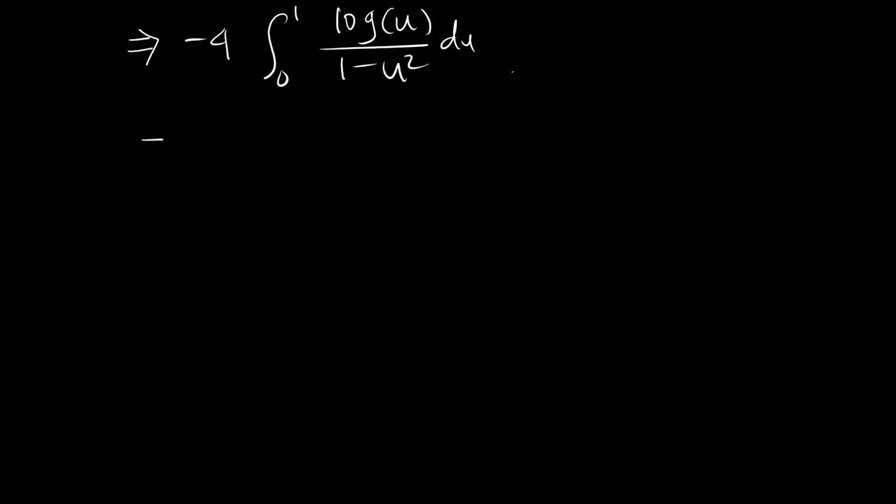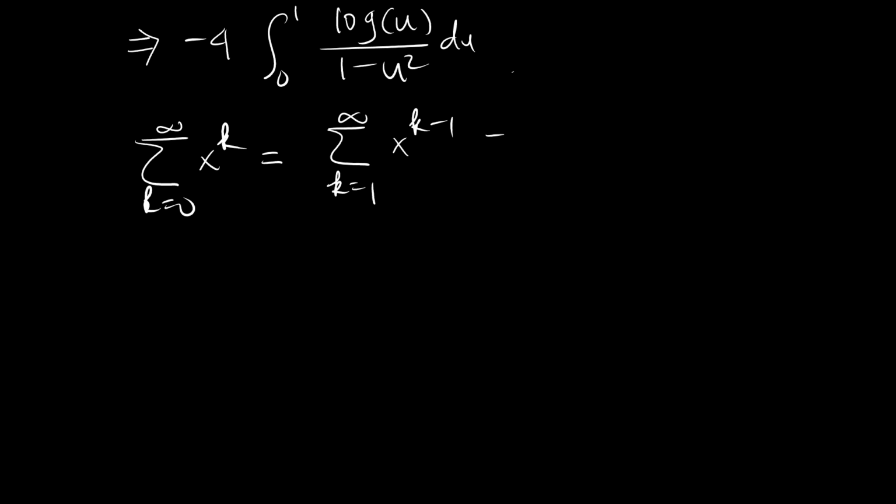Since we had the sum from k equals 0 to infinity of x to the k, this is the same as beginning from 1 to infinity of x to the k minus 1, which is 1 over 1 minus x.